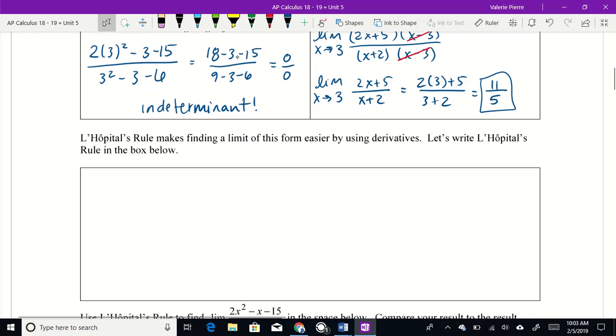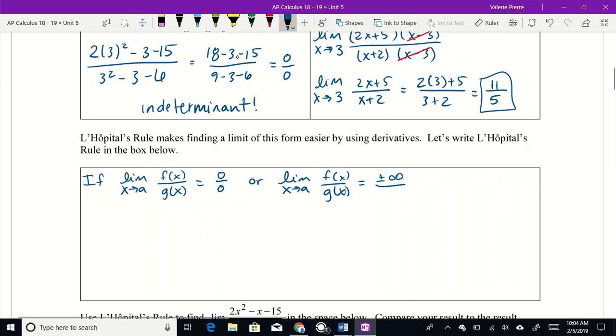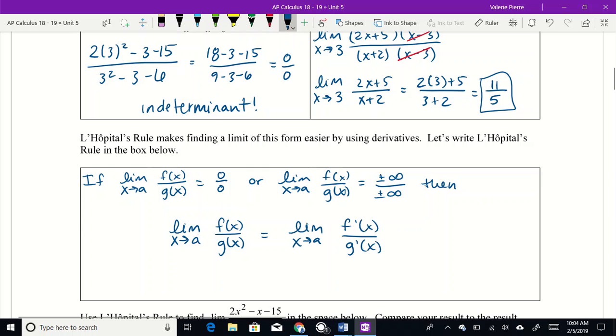L'Hopital's rule states that if the limit as x approaches a of f of x over g of x is equal to 0 over 0, or some combination of the infinities, then we can find the limit as x approaches a of f of x over g of x by just finding the limit as x approaches a of f prime of x over g prime of x.